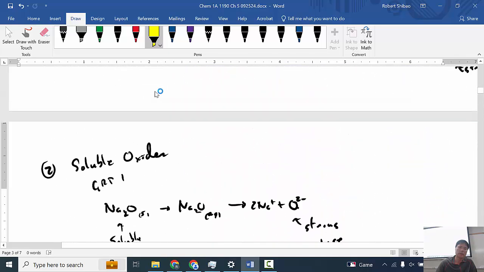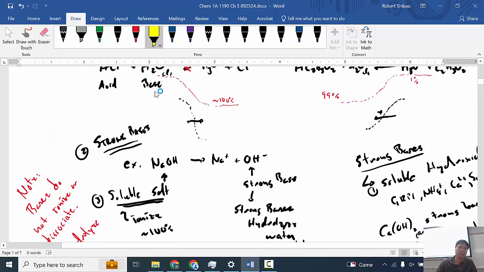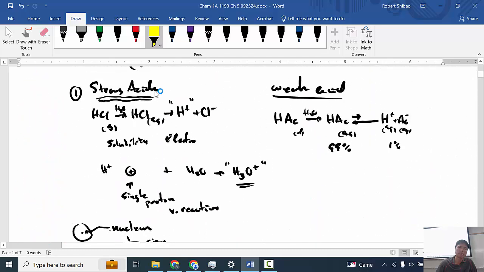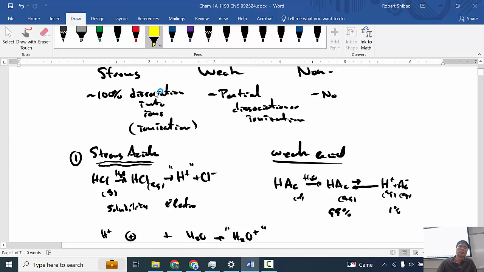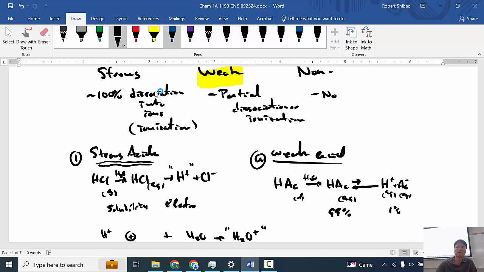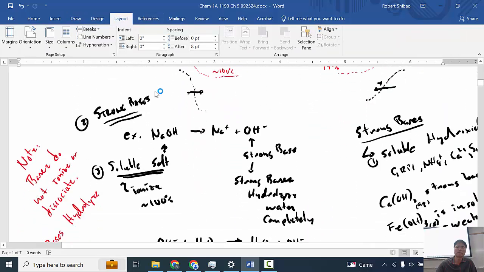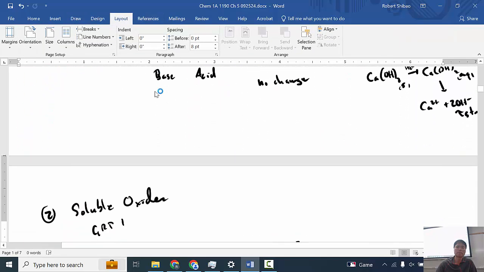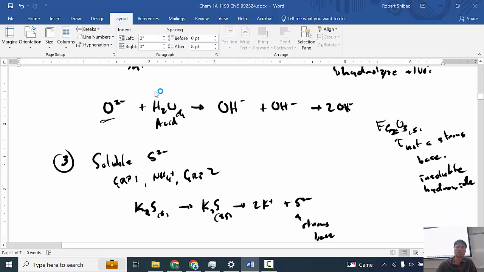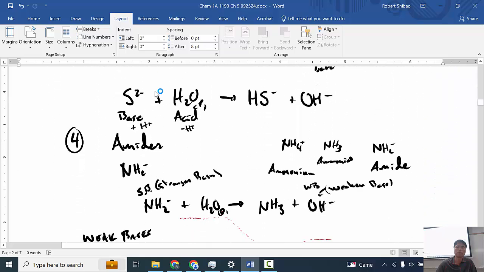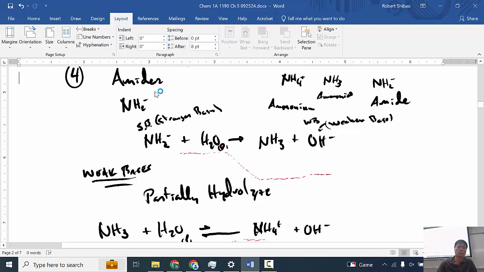Okay, I need to go back up here for a second. So for weak electrolytes, I'll just call this A here, since I use one: weak acids. B, weak bases.